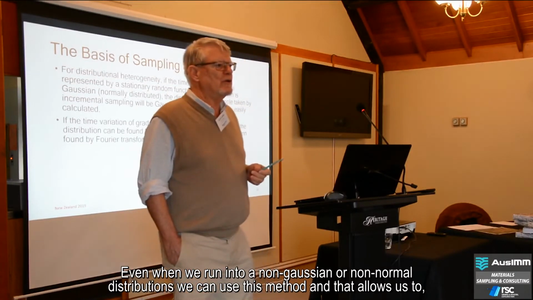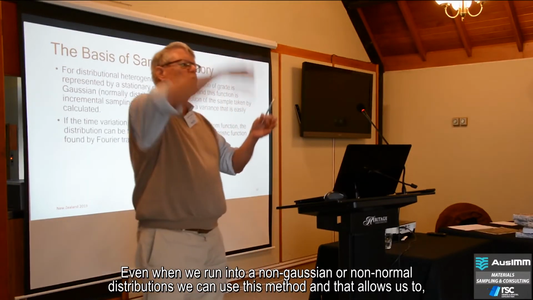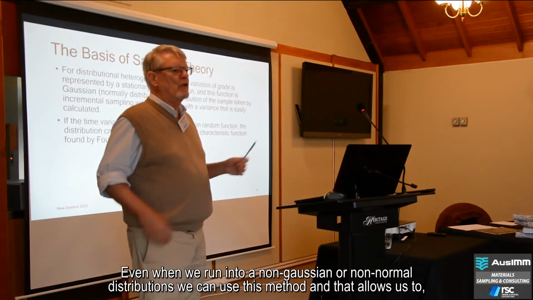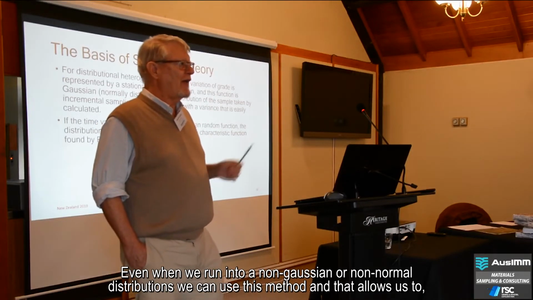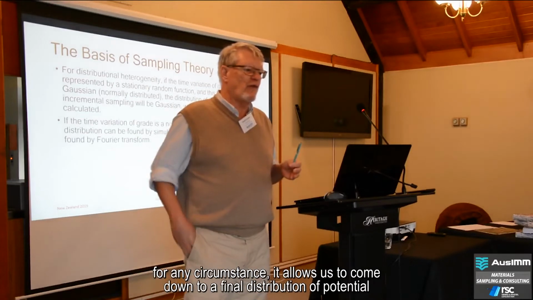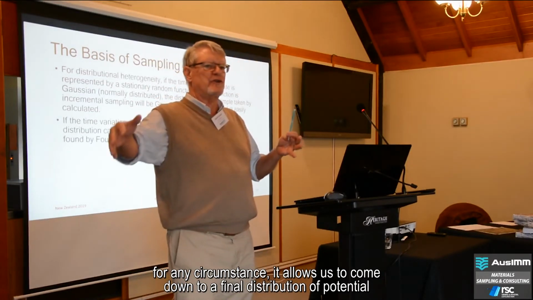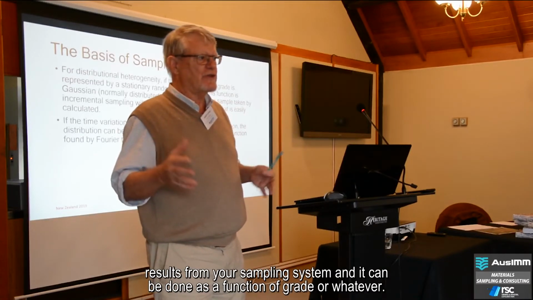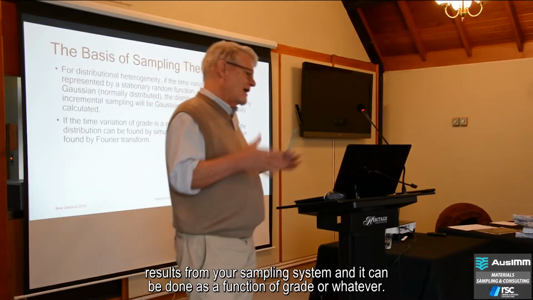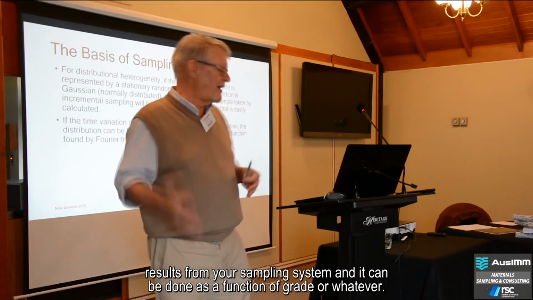Even when we run into non-Gaussian or non-normal distributions, we can use this method, and that allows us, for any circumstance, to come down to a final distribution of potential results from your sampling system. And it can be done as a function of grade or whatever.